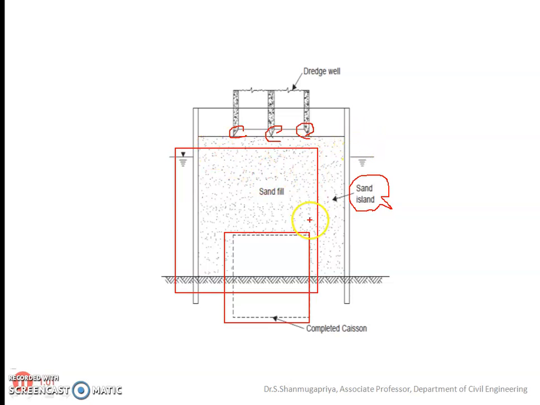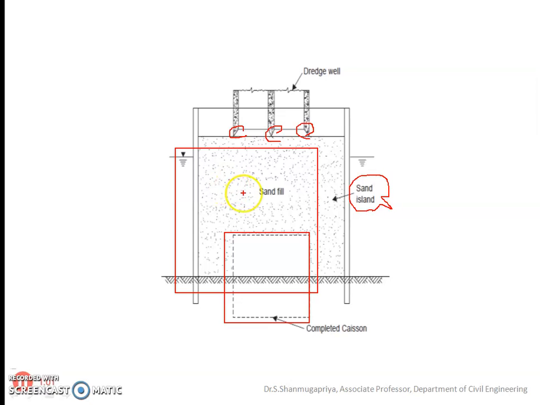You make this island by temporarily raising the ground surface above the water level so that you get a relatively dry area for sinking the caisson. The size of the island should be sufficient to provide adequate working space around the caisson.